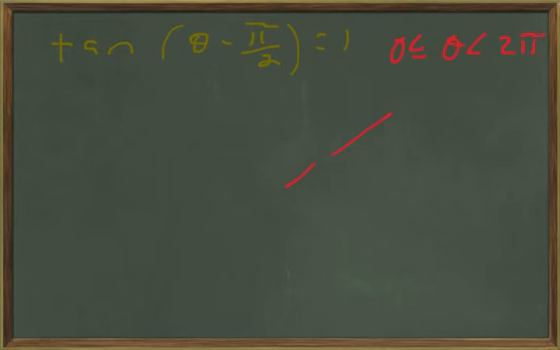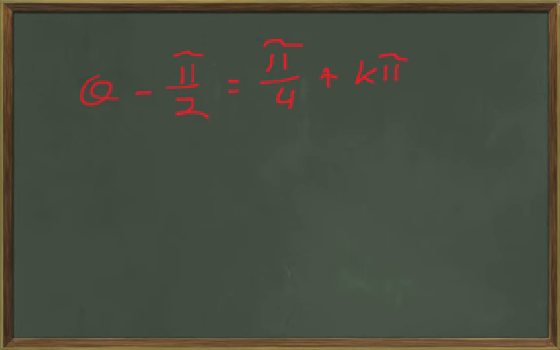Since it equals 1, then we are going to be using the equation theta minus 1 pi over 2 equals pi over 4 plus k pi. Okay, once again, k is any integer.